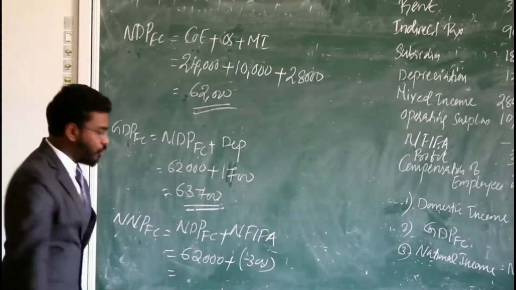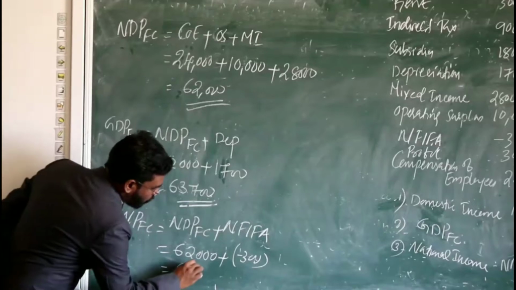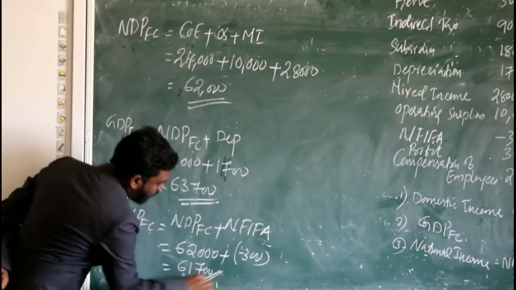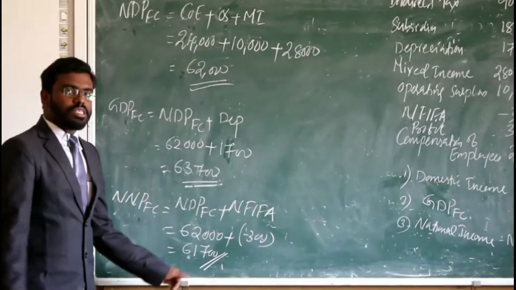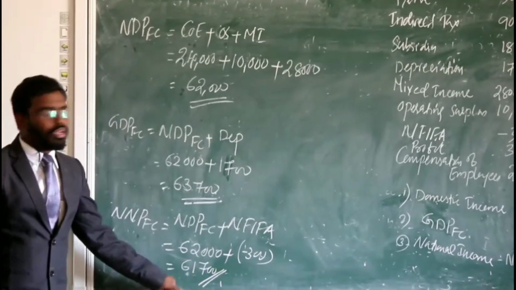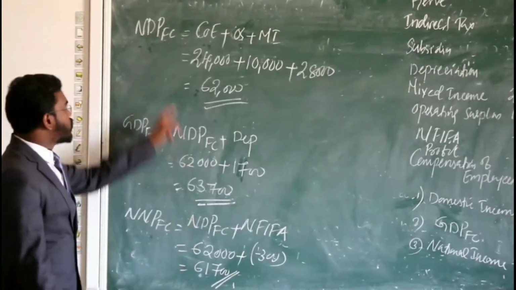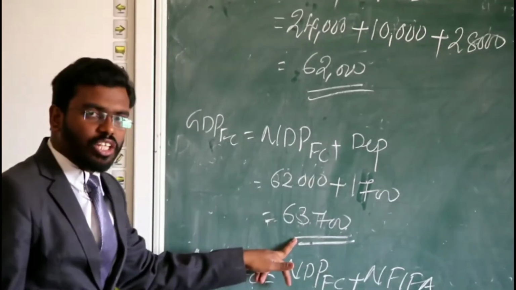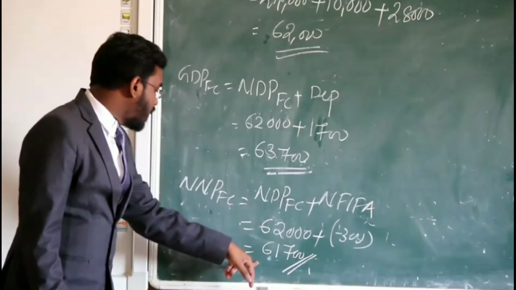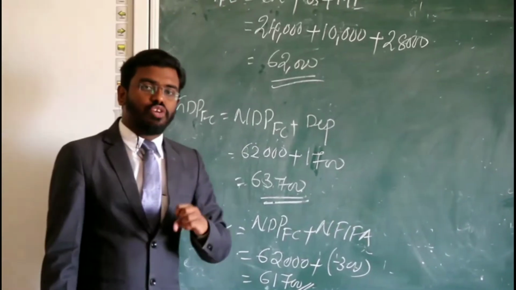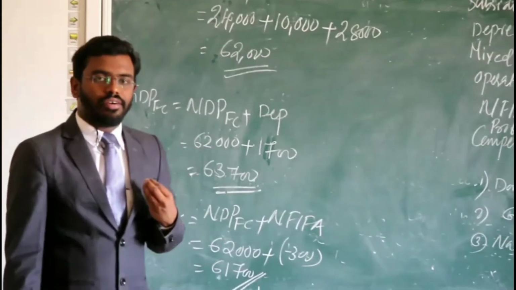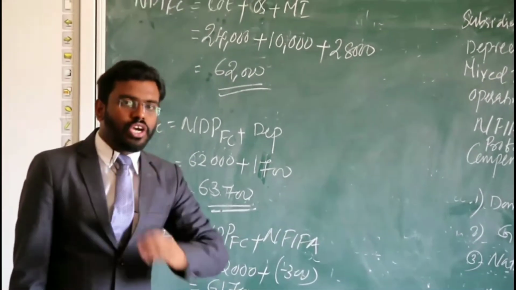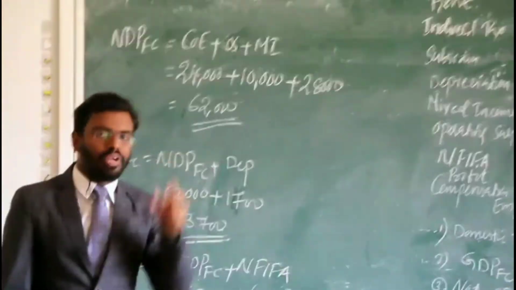That is equal to 61,700. So that is our national income. So domestic income is 62,000, GDPFC is 63,700 and NNPFC is 61,700. Got it? So before attempting the question, just read the question carefully.